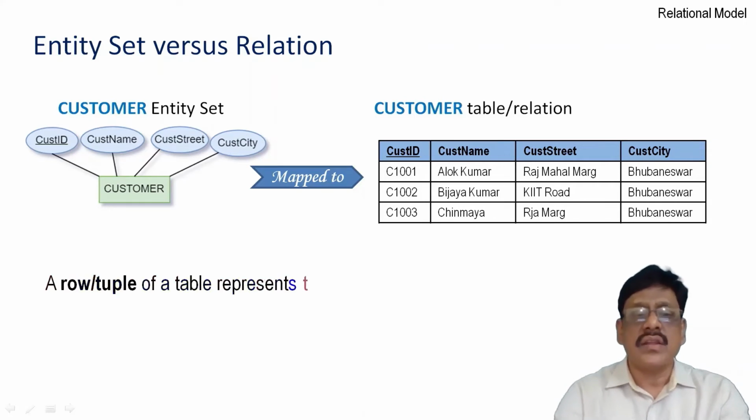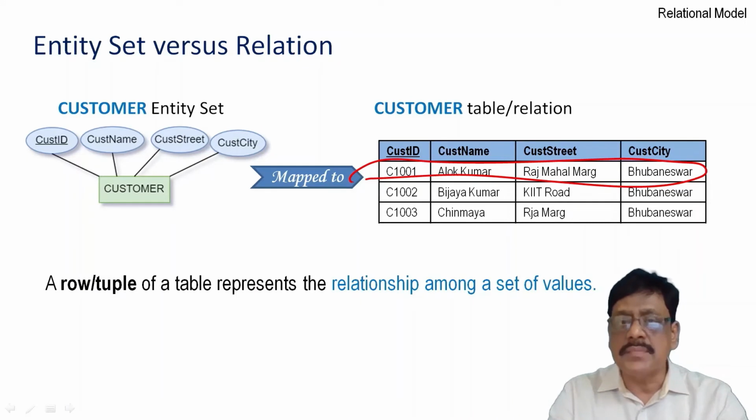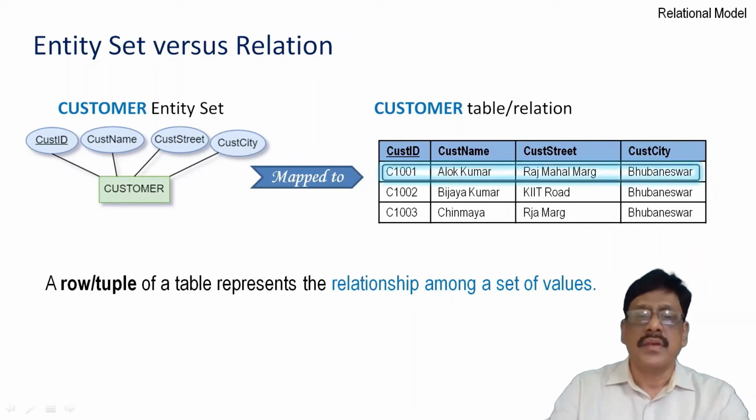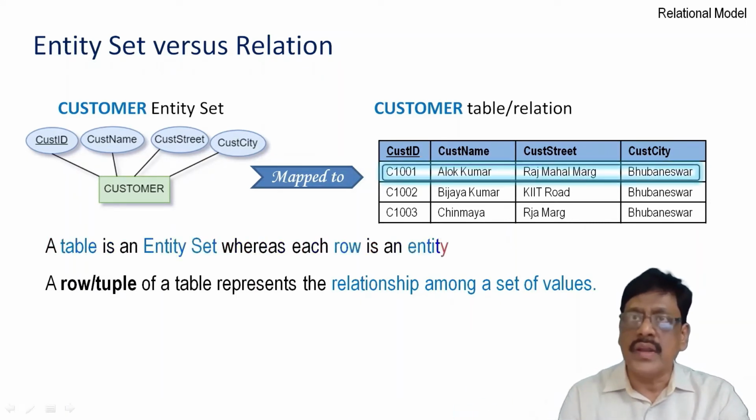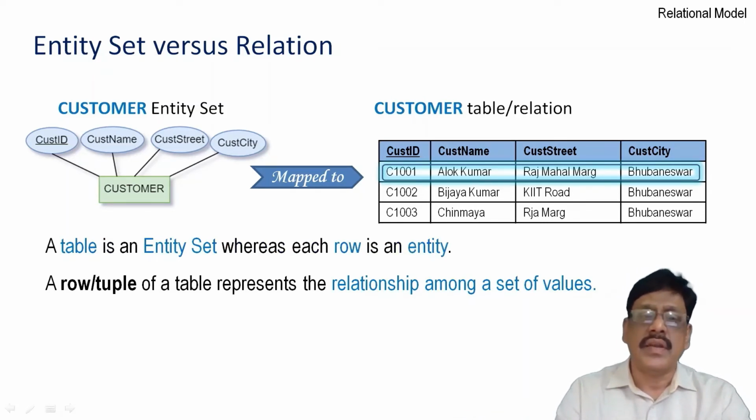In this case, each row represents a relationship among a set of values. Every row indicates an entity, whereas the table itself represents the entity set.